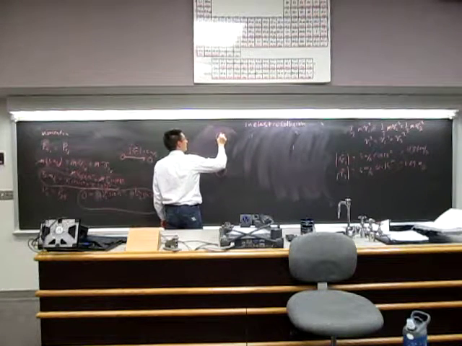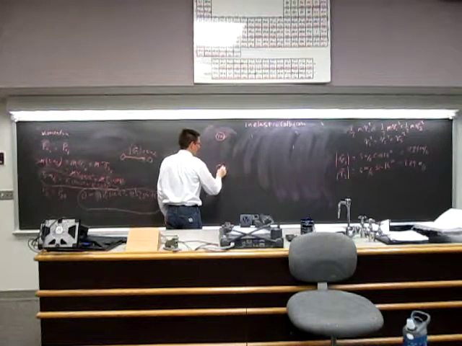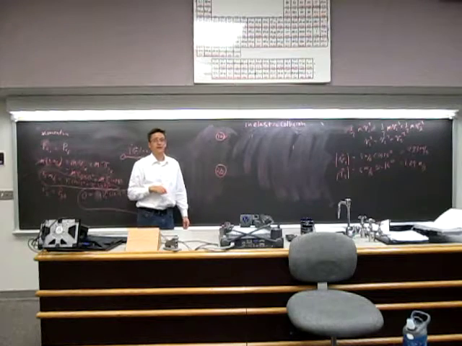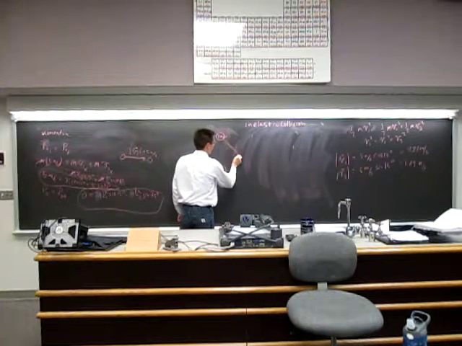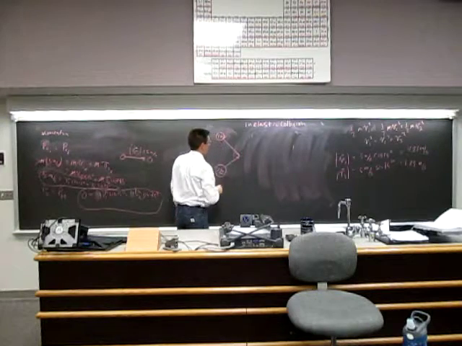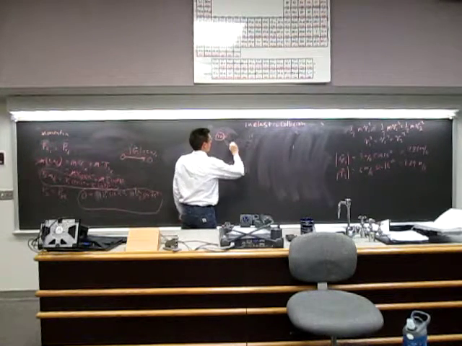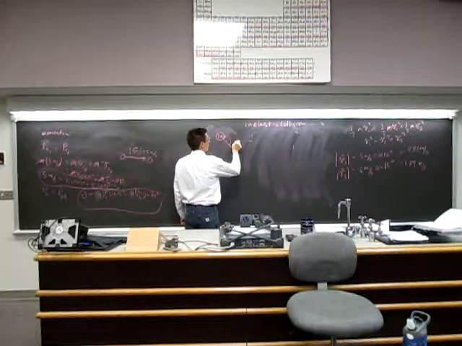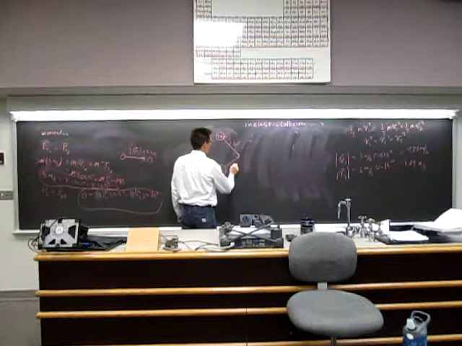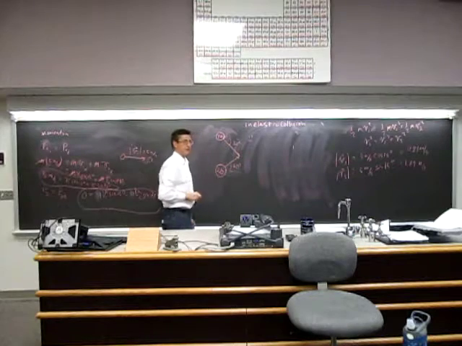We'll say this is 1 kilogram and this is 2 kilograms. These guys move like this. This angle is 30 degrees. This angle is 60 degrees.